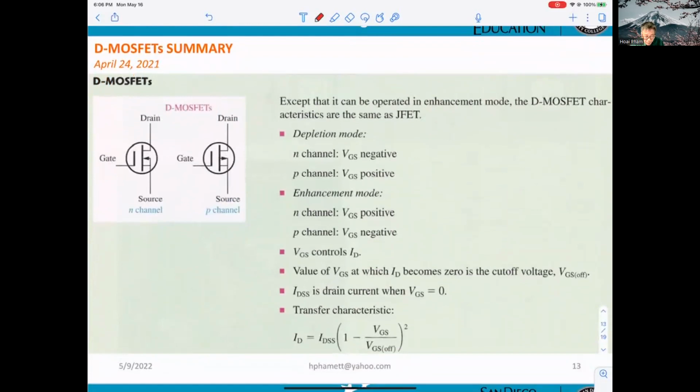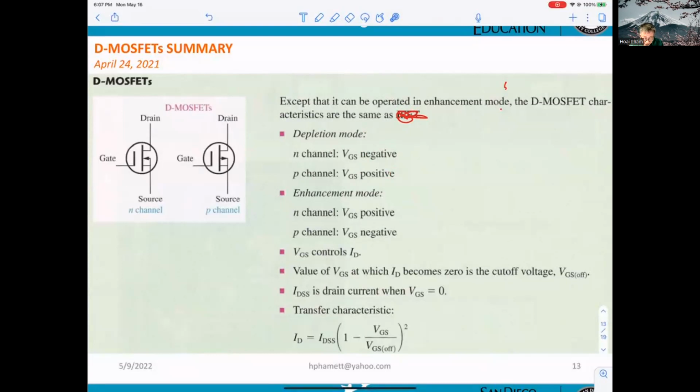And the D-MOSFET, except that it can be operated in enhancement mode, the characteristics are the same as the JFET. In depletion mode, N channel VGS is negative, and P channel VGS is positive.